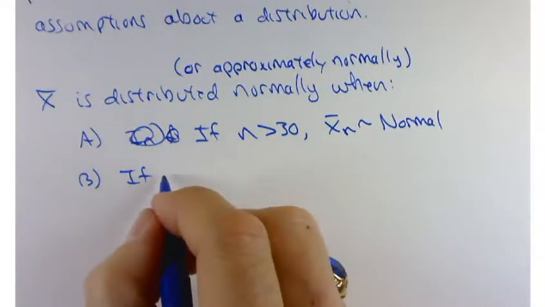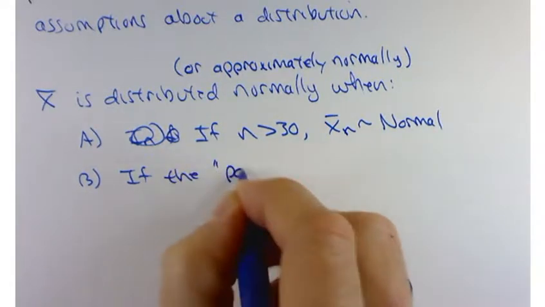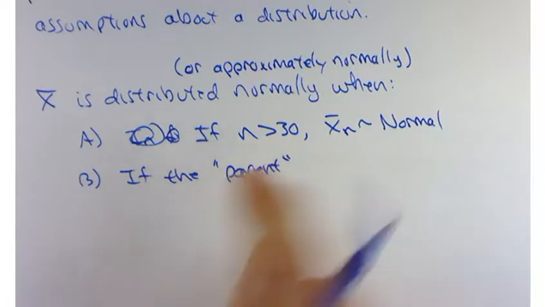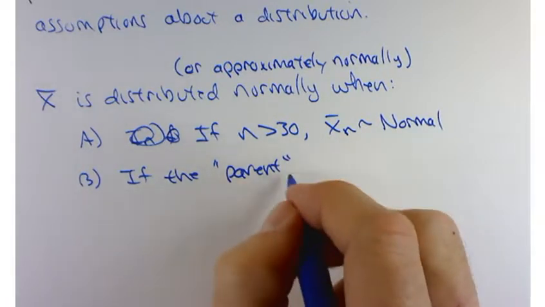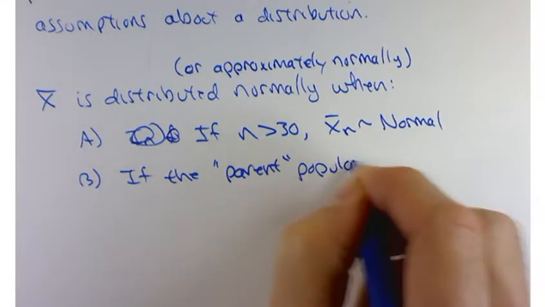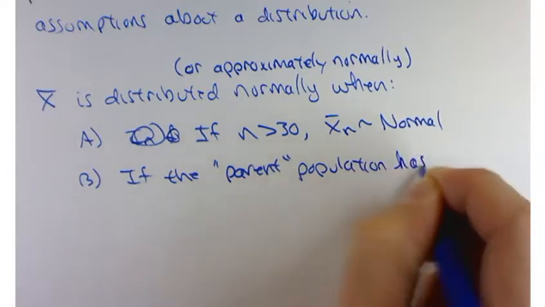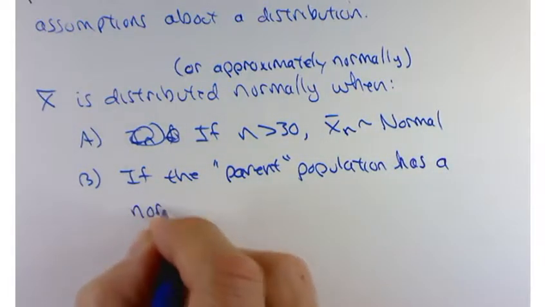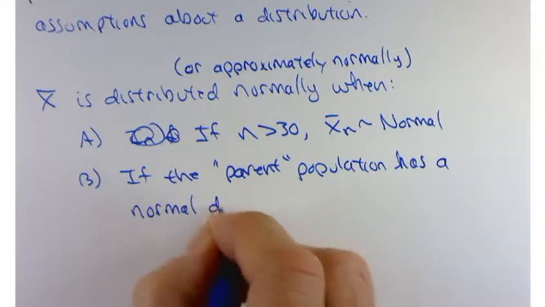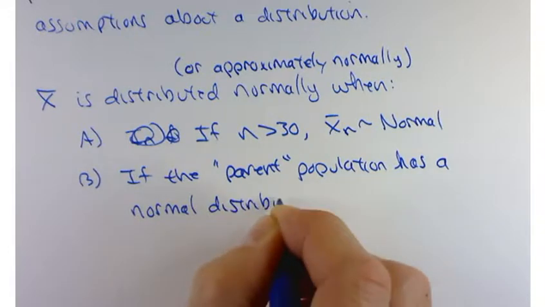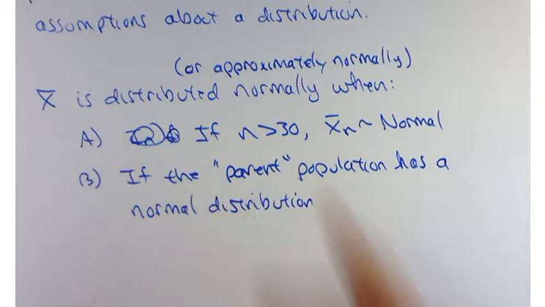So if the parent population has a normal distribution. So those are a couple conditions under which the sample mean would have a normal distribution.